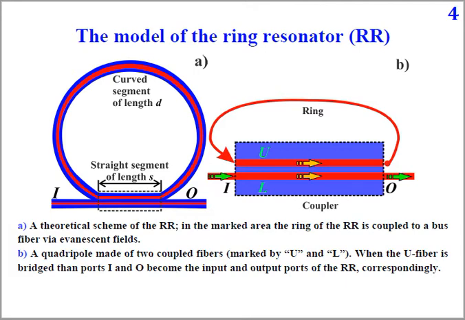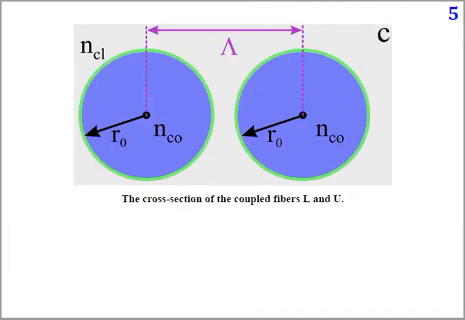The cross-section of the coupler is shown in figure C. As is seen, two cores with round cross-sections and refractive index n_co are immersed into an infinite cladding with refractive index n_q. The distance between the cores is big lambda and less than the core radius.